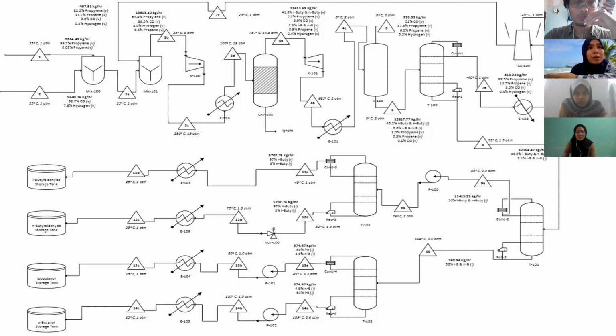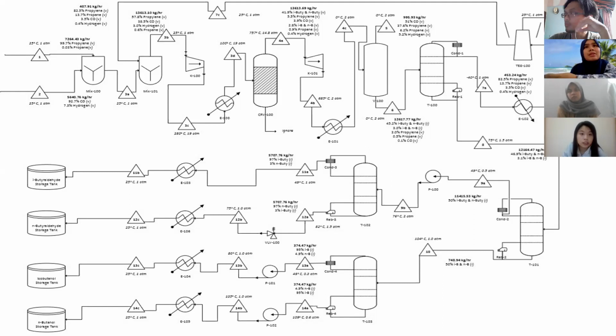From room temperature, you heat up to 280, and after that you lower the temperature to 100 degrees C, from 3C to 3D, before entering the reactor CRV 100. What's the purpose of increasing and decreasing the temperature?